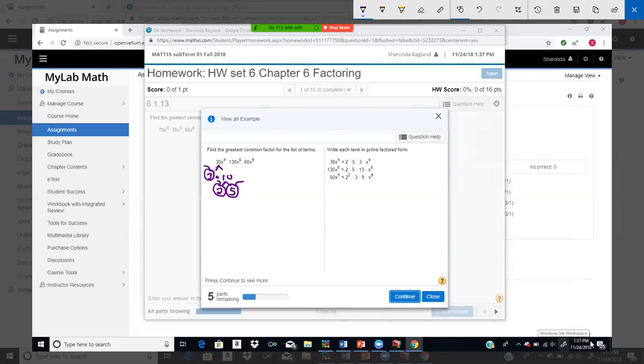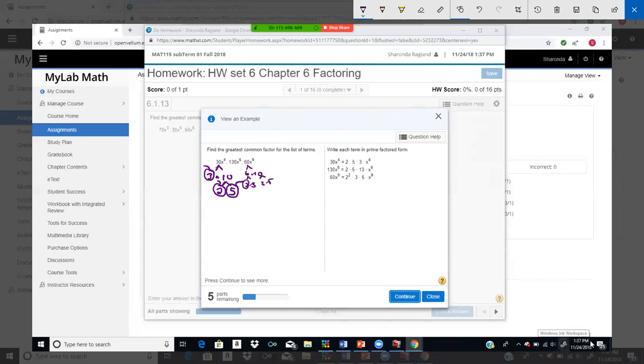And then we have 4 x's. Same thing with the 130. They break it down to 10 times 13. Then they break down the 10, so I would have 2, 5, and 13. And then for the 60, you can do 6 times 10. 6 breaks down to 2 times 3, and 10 breaks down to 2 times 5.